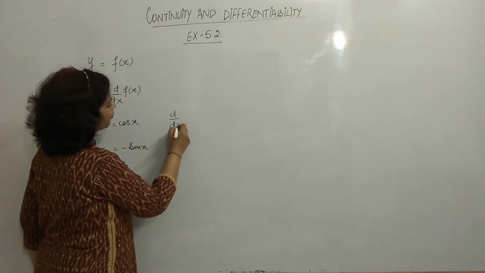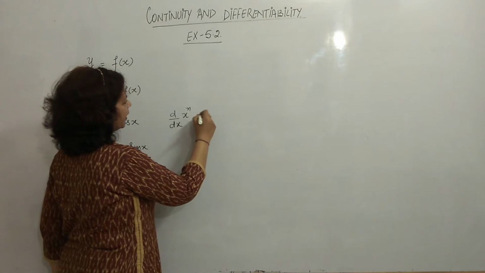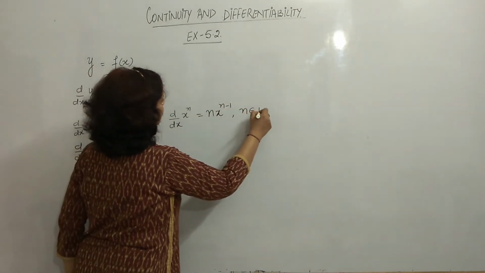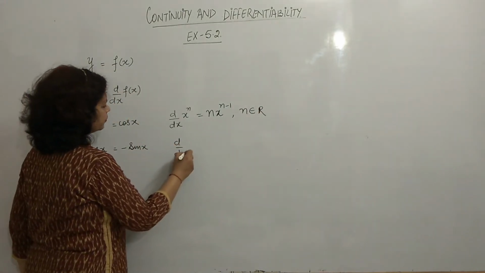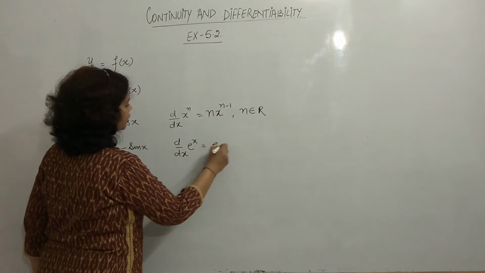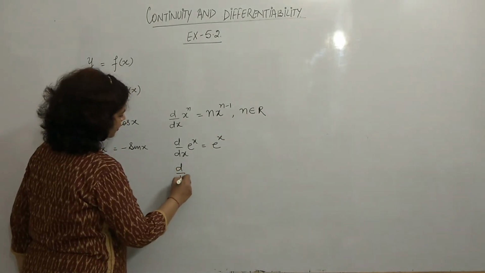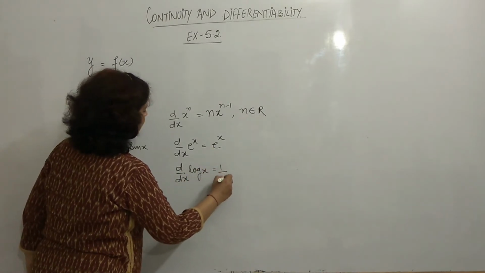There was a power formula which you studied, d by dx of x to the power n is n x to the power n minus 1, where n is a real number, right? Differential of e to the power x, the exponential function, is e to the power x, differential of log x is 1 upon x, and so on.